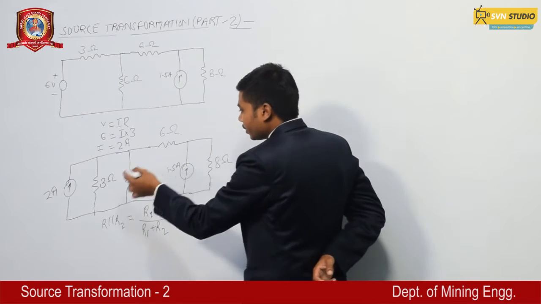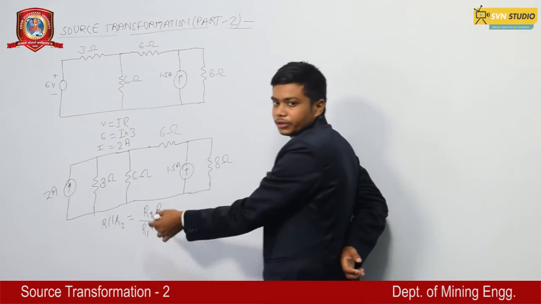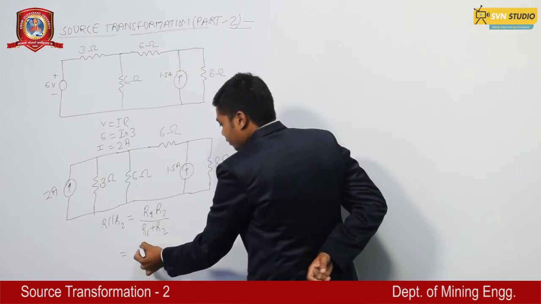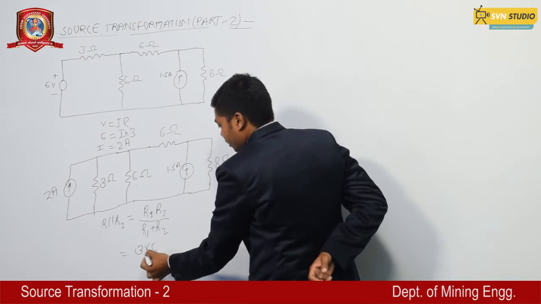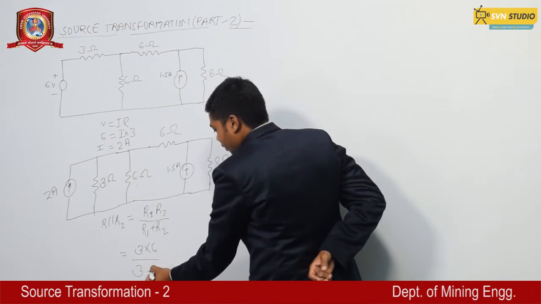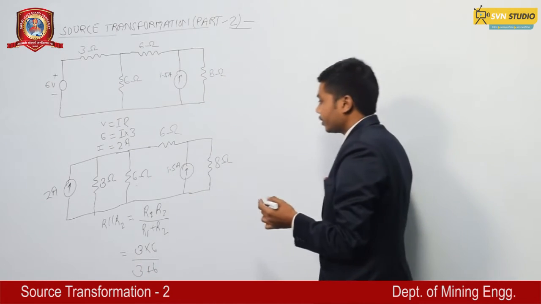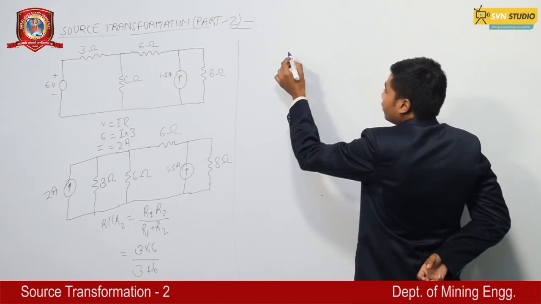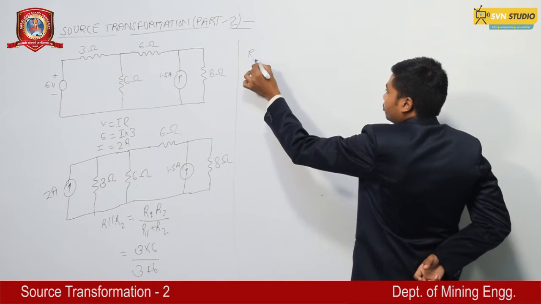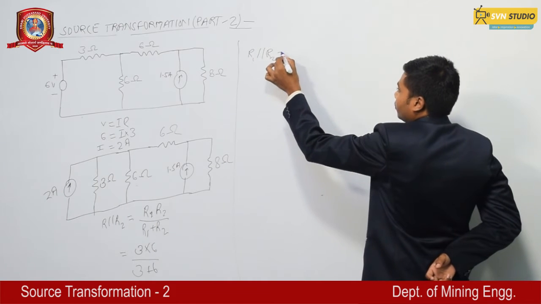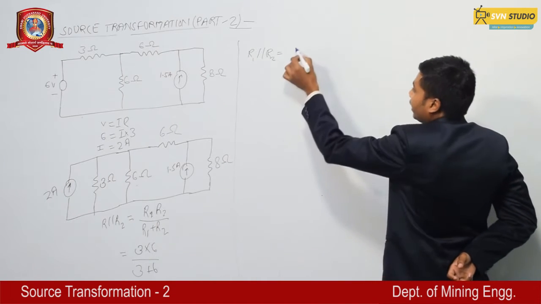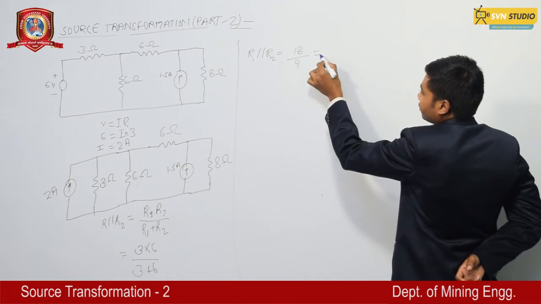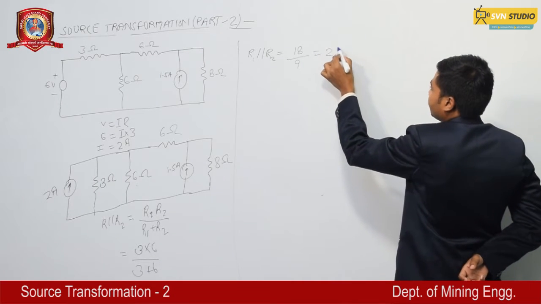Now, putting these values in this formula, we get 3 into 6 upon 3 plus 6. R 1 parallel R 2 will be equal to 18 upon 9. It is 2 ohm.